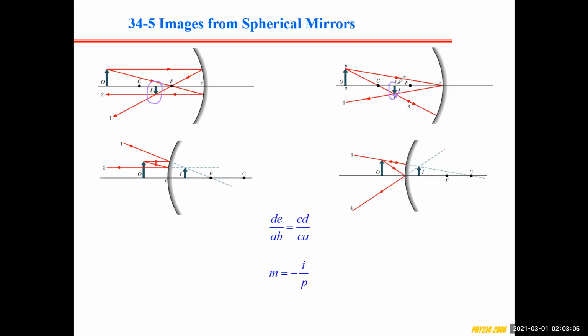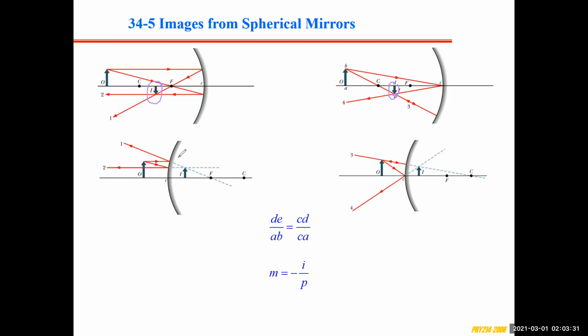And you can see that it is real and inverted, meaning that your M is negative and your I is positive. So these are the four light rays that can be used to determine where the image is formed: parallel, focal point, parallel; vertex, symmetrical; center of curvature, no deviation.